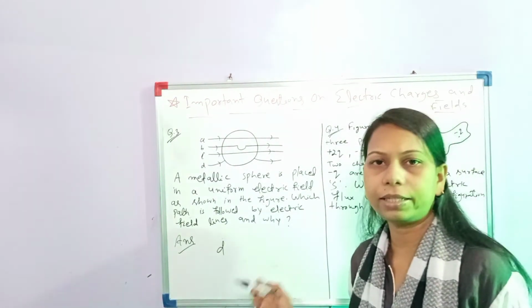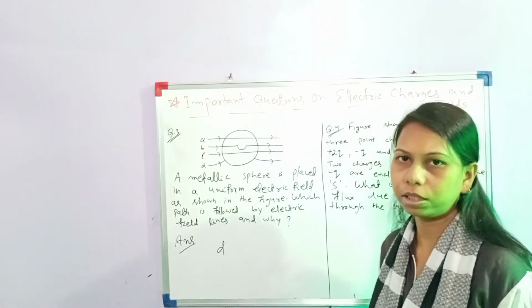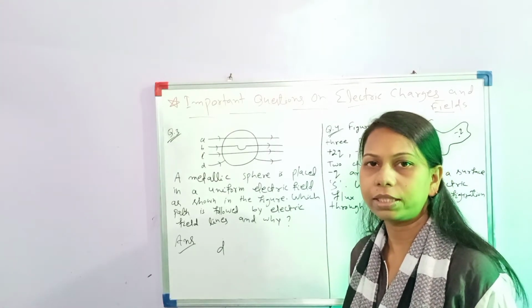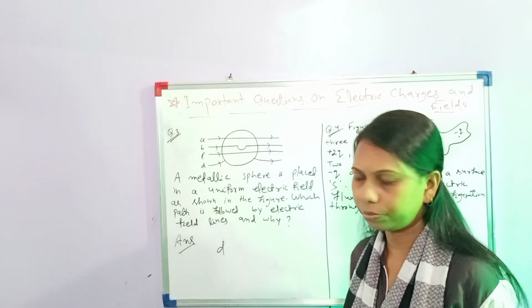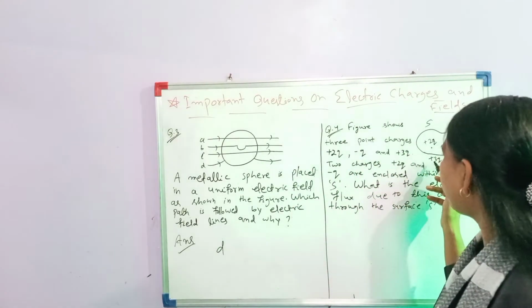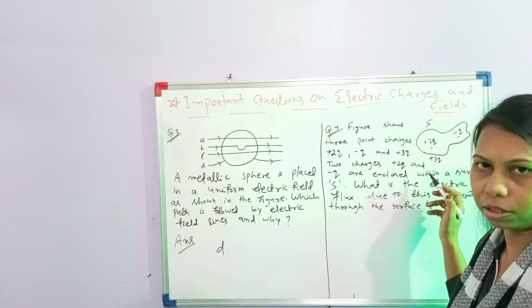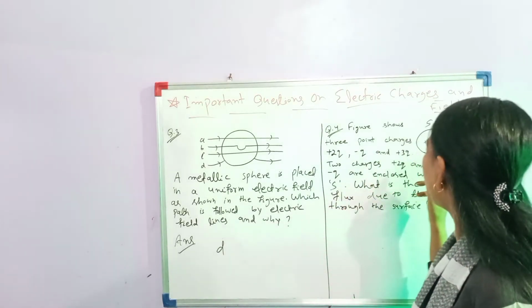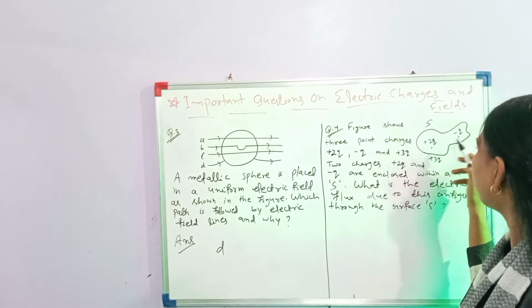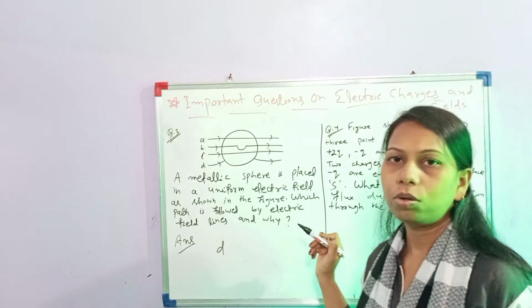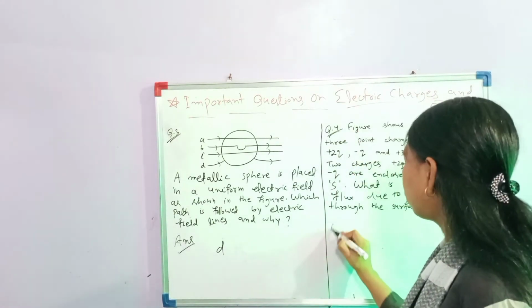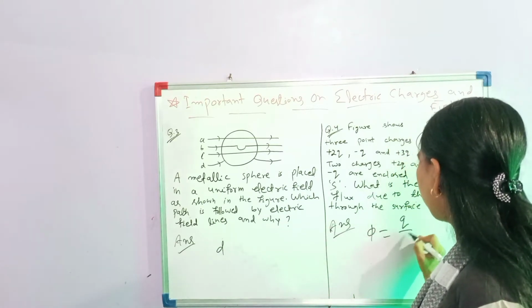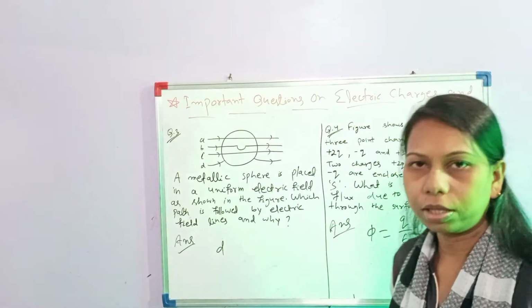The total electric flux linked with a closed surface is equal to 1 upon epsilon naught times the total charge enclosed by the surface. The charge plus 3q is outside the surface, so it does not contribute to the flux. Total charge equals plus 2q minus q equals q. So total flux equals q upon epsilon naught.